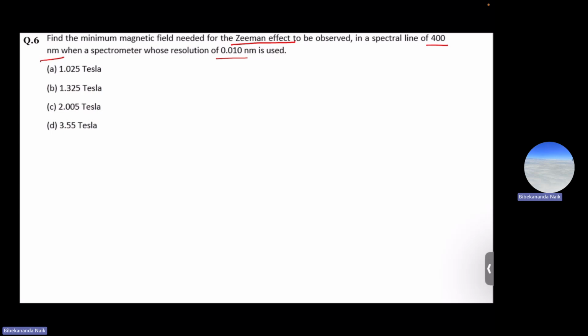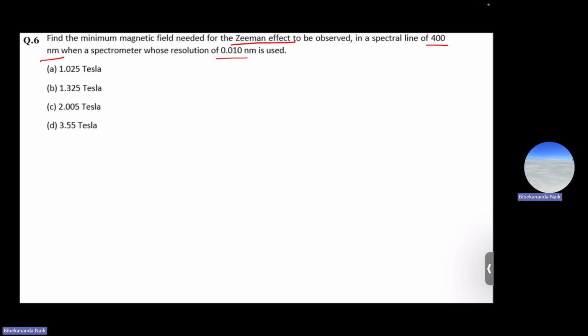So basically here we need to find out, corresponding to a Zeeman splitting of 0.010 nanometer, what is the minimum magnetic field required? Because we know under the presence of magnetic field, the spectral line gets split into a number of spectral lines, which is called Zeeman effect. So in order to have a significant amount of splitting, that is delta lambda, we need a particular value of magnetic field.